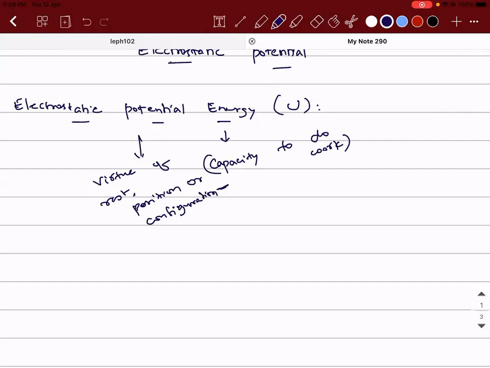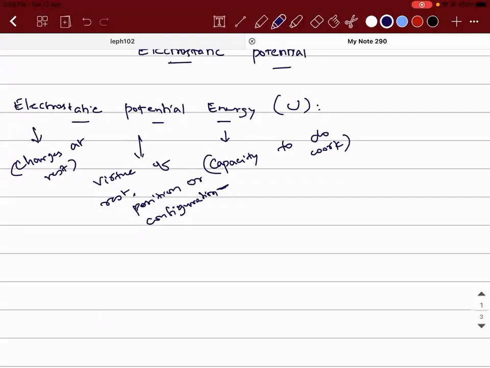Virtue of rest, position, or configuration. Right. So what does electrostatic mean? Charges at rest. Now our job is to connect all these dots to get the meaning of what is electrostatic potential energy.